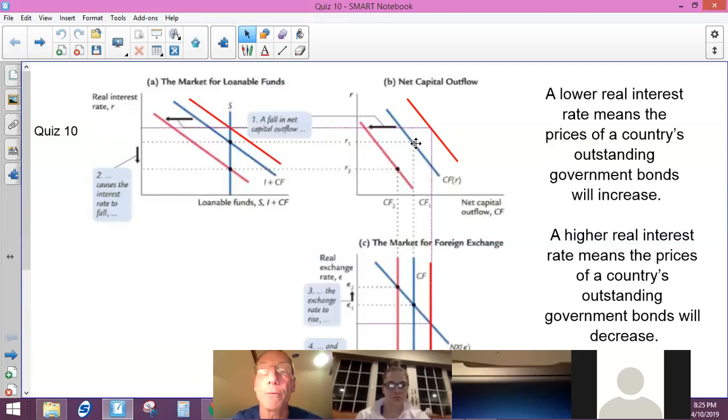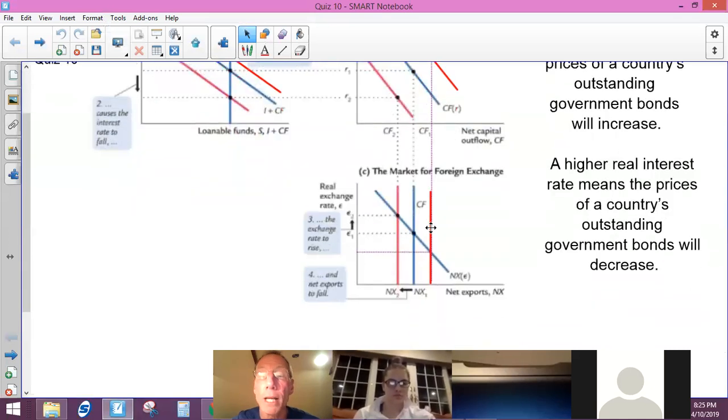So if number one, the first thing that happened was a net capital outflow increase, then the second thing that's going to happen is a rise in the interest rates, from here up to here, which means bond prices fall, right? And that increase in net capital outflow is going to increase net exports, which means that the exchange rate actually falls. Okay, so that's how that causes an effect.